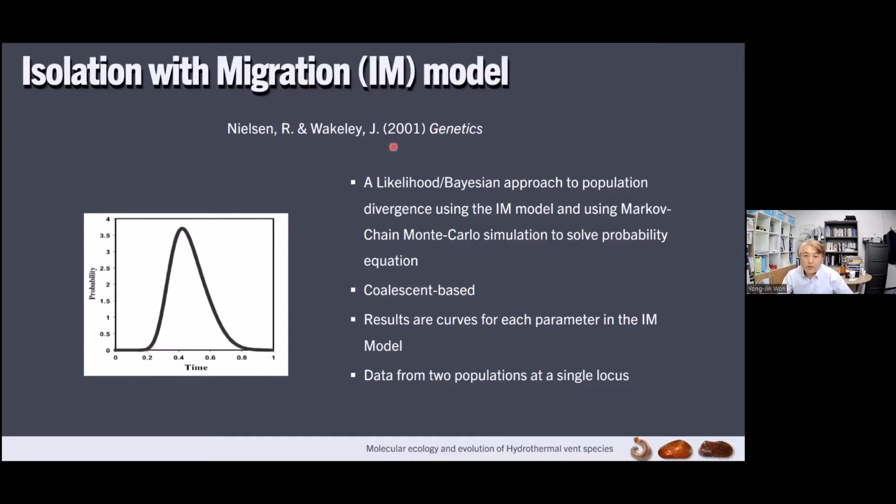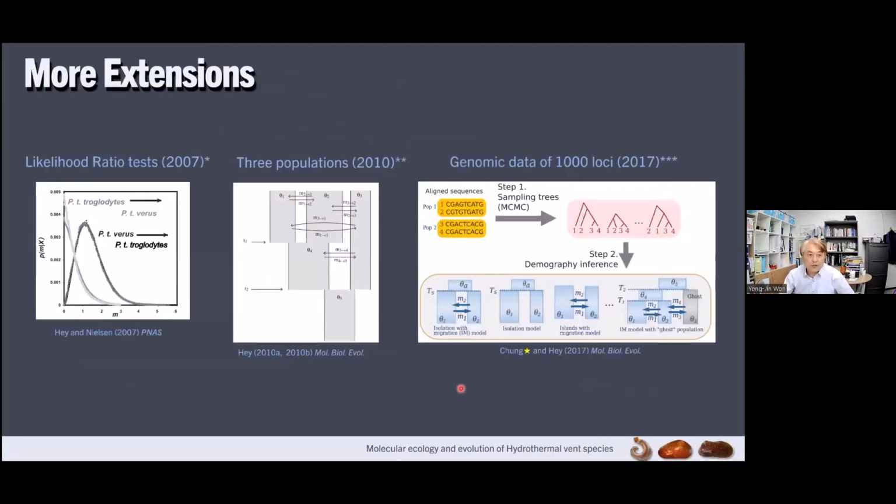In 2001, Nielsen and Wakeley designed this model for a two-population comparison with one single locus. At the time, it was mostly mitochondrial DNA because it was easier to obtain. Since then, Professor Jody Hey at Temple University has continuously developed this approach, developing the program and adding more parameters and implementations, like a likelihood ratio test for the migration rate, and expanding it to three-population comparison.